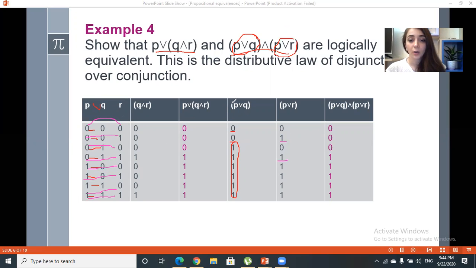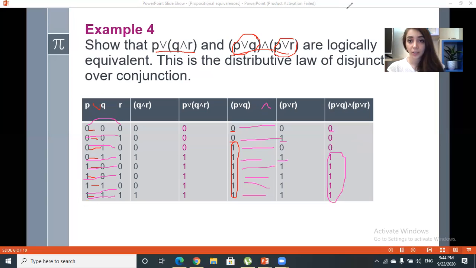And what about the conjunction between these two braces? Conjunction. 0, 0 is 0. 0, 1 conjunction is 0. 1, 0 conjunction is 0. All these are 1 and the result is always 1.